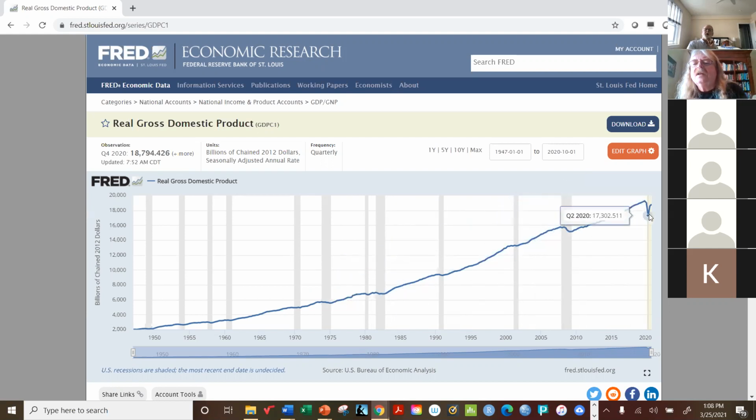But you can see, if you look at these numbers, between 1950 and 2020, we went from 2,120 to 18,794.426. So what I'm going to do is figure out what the annual growth rate has been over that period.